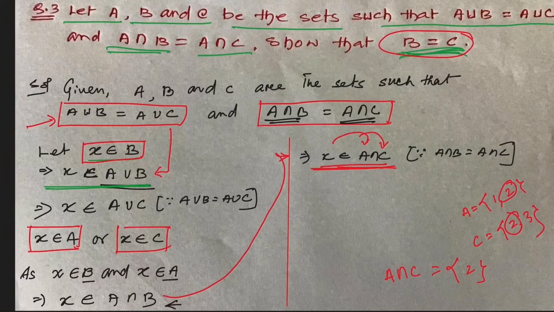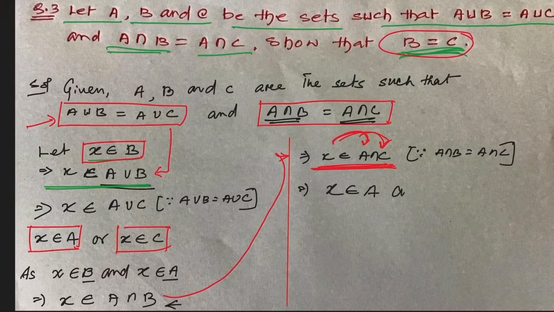So this element must be in both sets A and C. So if x belongs to A intersection C, then x must belong to A and C both. So from here we can write that x belongs to A and x belongs to C.